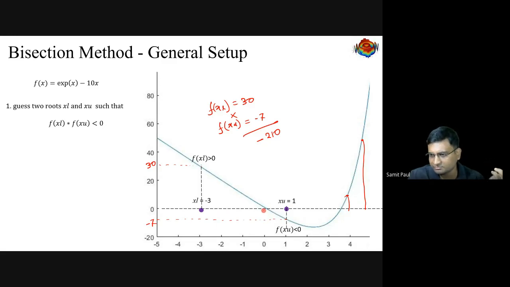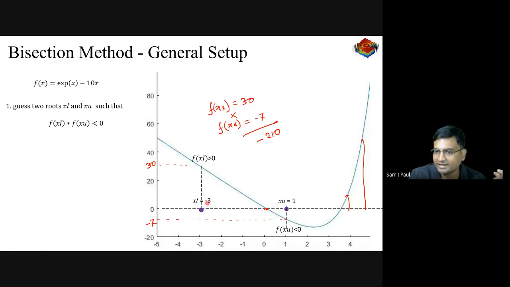Of course, it has to cross. Otherwise, how can it go to negative? So what I am telling from here is that within the limit -3 and 1, there exists a root.